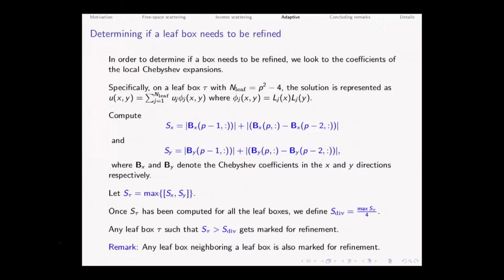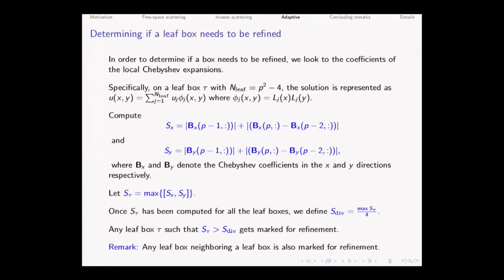And then we set some indicator S_div to be the max of those divided by 4. And then any box that has this indicator bigger than that threshold gets refined, and then you proceed.